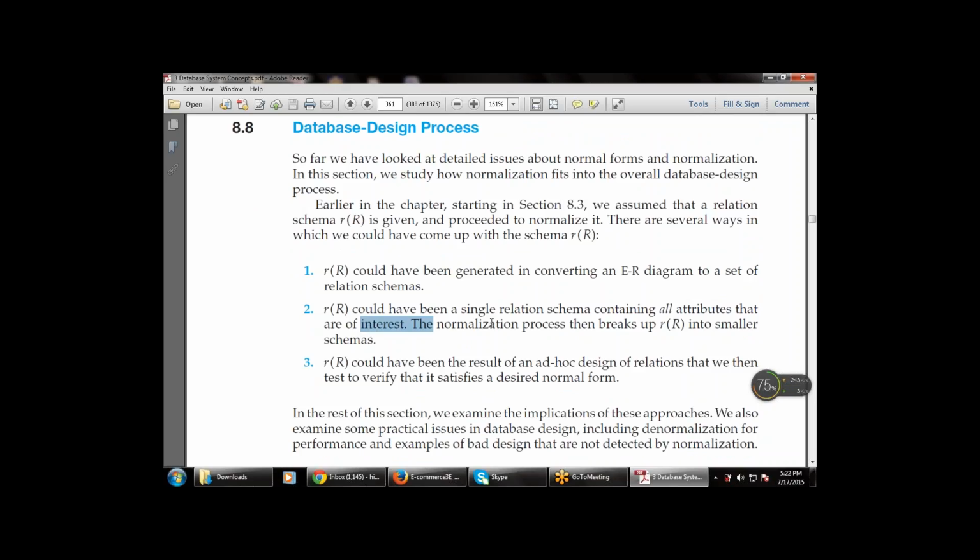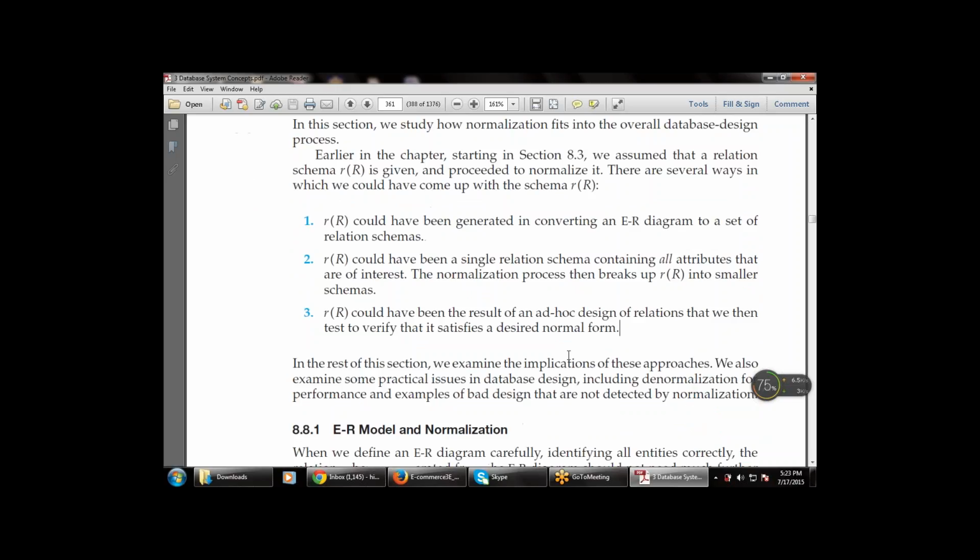Now R could have been a single relation schema containing all the attributes of interest, and the normalization process breaks R up into smaller schemas. Then R could be the result of an ad hoc design of relations, which we then test to verify whether it satisfies the desired normal form or not.